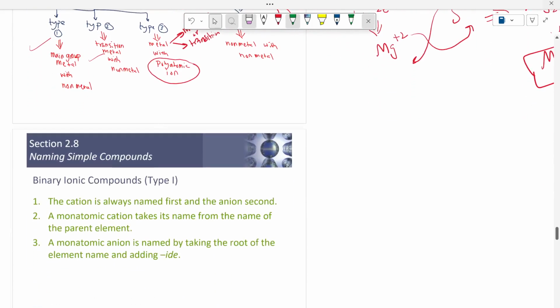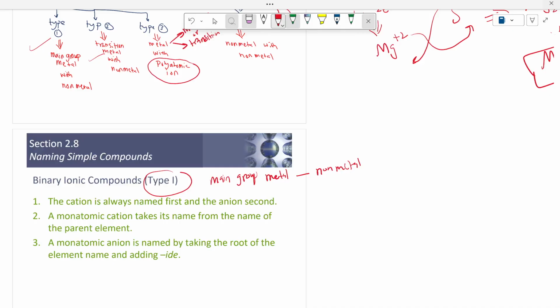Now let's start with type 1. As we said, in type 1 you should have a main group metal with a non-metal. The naming procedure steps are as follows. Write the name of the main group metal as it is, don't change it, followed by the name of the non-metal.